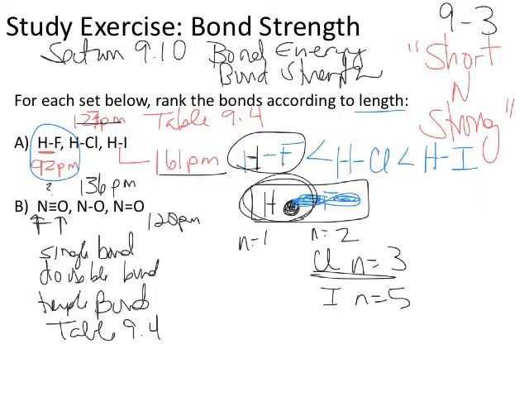So what do you think? If you were to rank these, we'll go the short ones. The triple bond is going to be shorter than the double bond, which will be shorter than the single bond. And short and strong, so these bonds are going to be harder to break. So they're going to be pulled together more, and therefore they're going to be shorter.